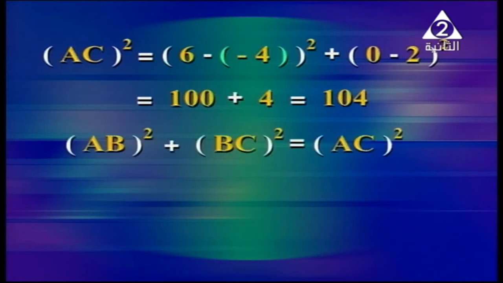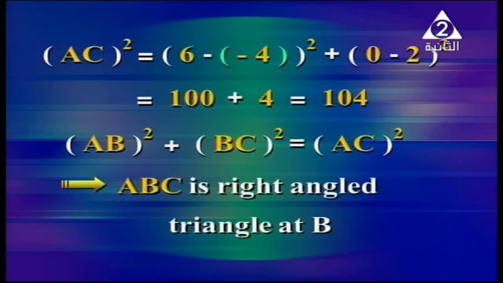So AB squared plus BC squared equals, that's correct, AC squared, as their sum will be 104. So we can say that ABC is a right angle triangle at B. What about the area of the triangle? It's half multiplied by base multiplied by height.